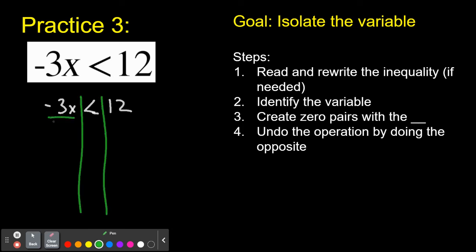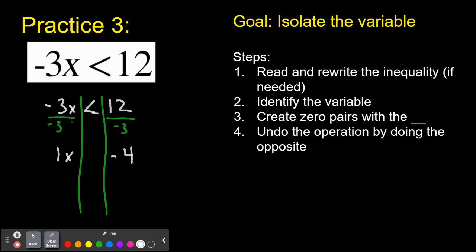I'm going to divide by that coefficient, because -3 divided by -3 is going to create a 1x. And I'm going to divide this side by a -3. 12 divided by -3, a positive divided by a negative is a negative, and 12 divided by 3 is 4.